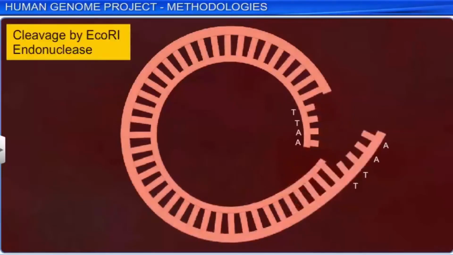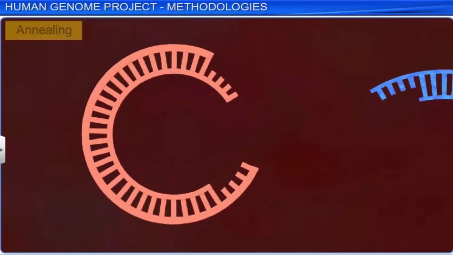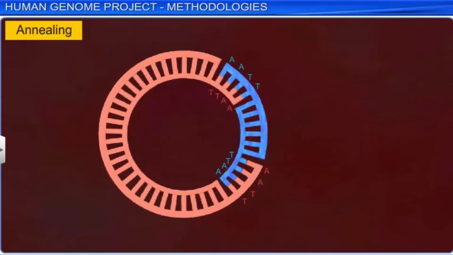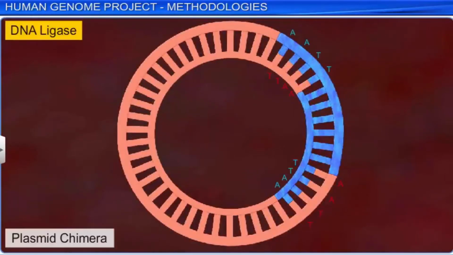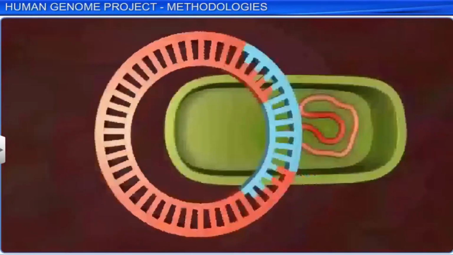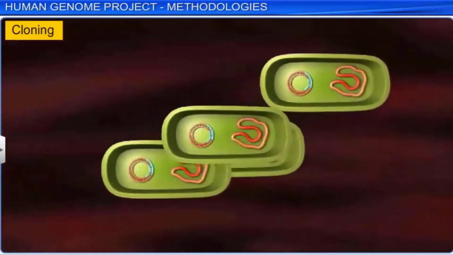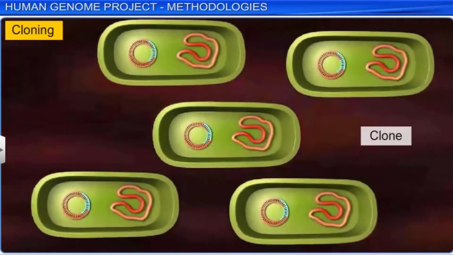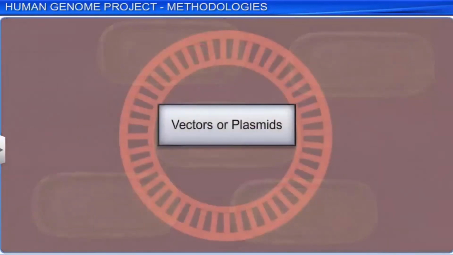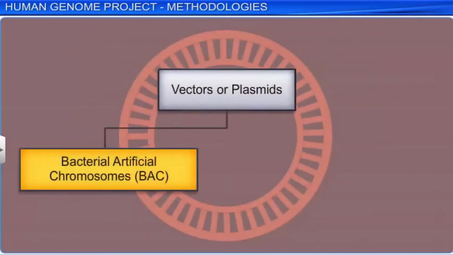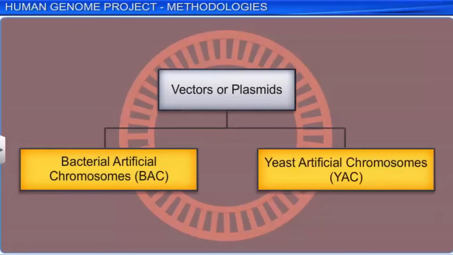These DNA fragments were then cloned in suitable hosts such as bacteria or yeasts with the help of specialized plasmids or vectors. The vectors were called bacterial artificial chromosomes or BAC and yeast artificial chromosomes or YAC respectively.